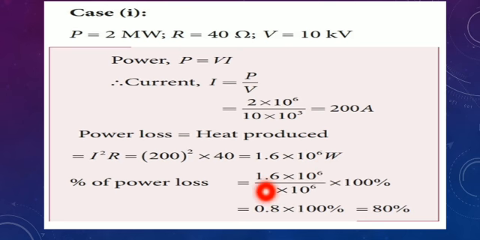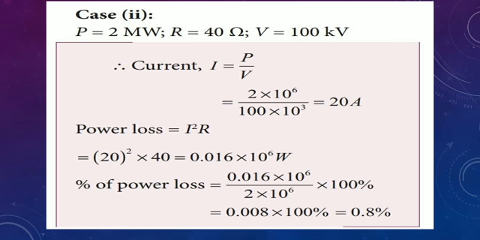Input power 2 into 10 power 6, that is 2 megawatts, into 100 percentage. So the 10 power 6 cancels, therefore 1.6 divided by 2 is 0.8, into 100 percentage, therefore the power loss is 80 percentage. Which percentage? 80 percentage. Okay students, right.